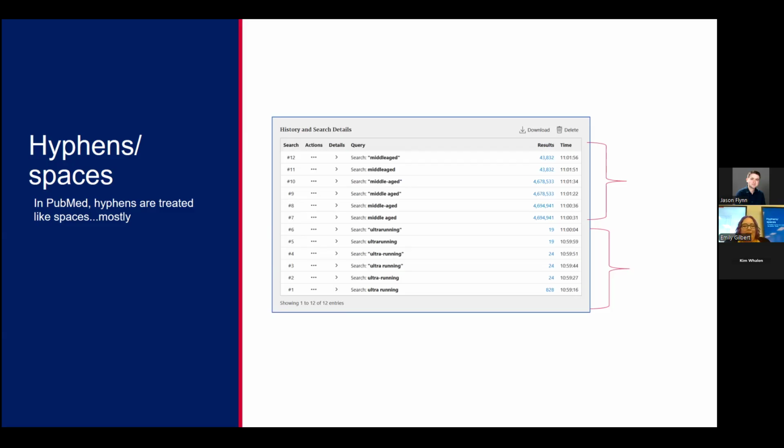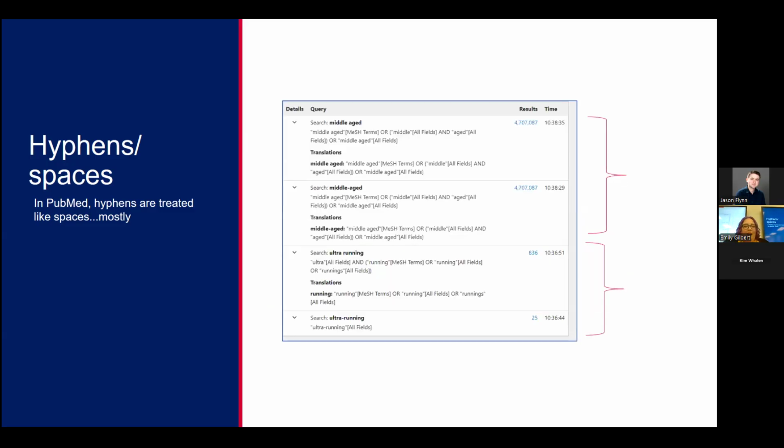So let's look at the details here. I'm just going to turn around and look at the screen. When we're searching middle-aged without quotes and without the hyphen, that is searching middle-aged together. It's doing the MeSH term.